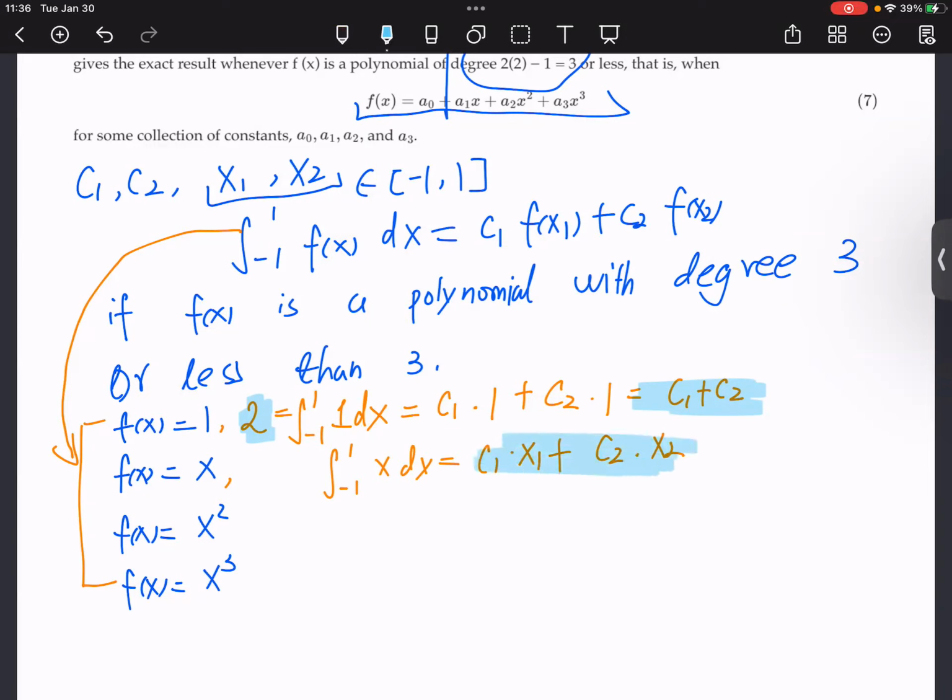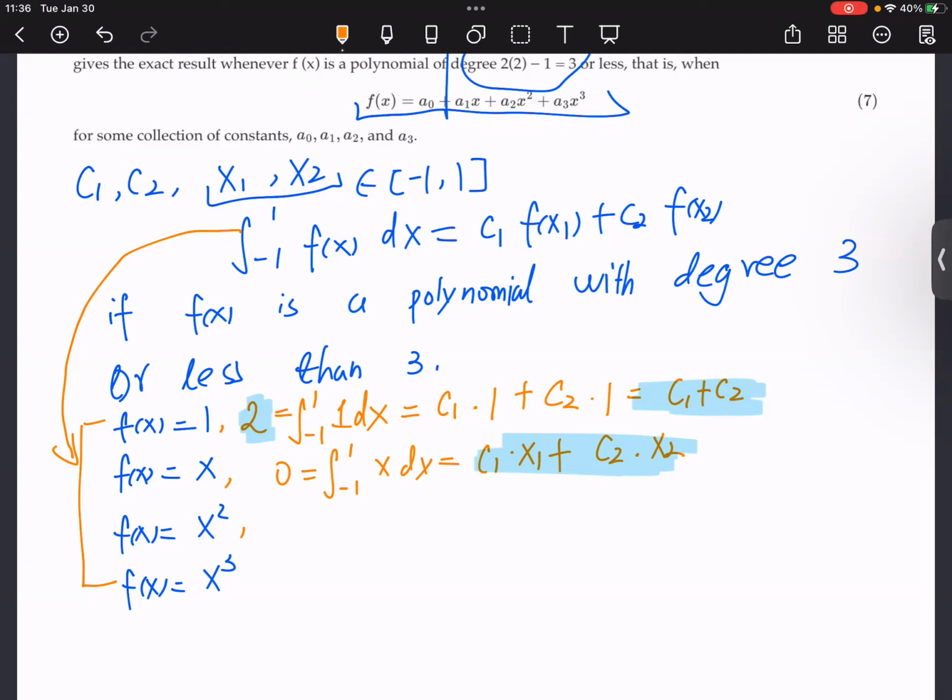For the left-hand side, this is a definite integral, and after some calculations we get the value, which equals 0. And this is the second equation we get.